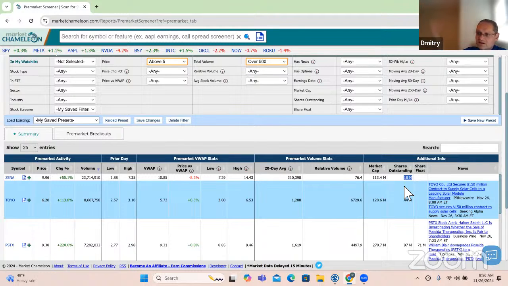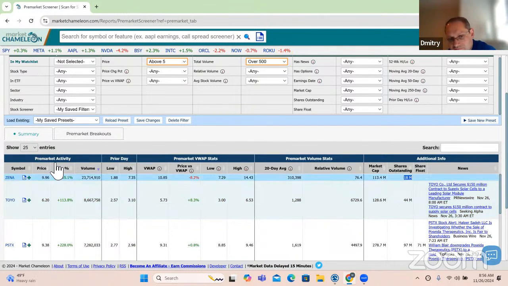If we have 18 million shares outstanding and there's total trading volume of 23 million, that volume is substantial, right? It's a huge amount of volume relative to the number of shares outstanding. That's a big turnover. We're not talking about a small percentage of the shares outstanding. This already exceeds the amount of shares outstanding: 23 million versus 18 million.